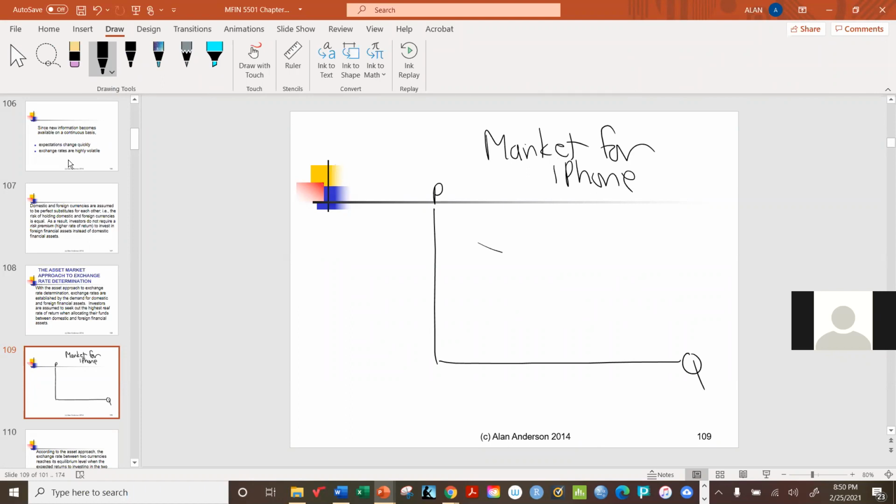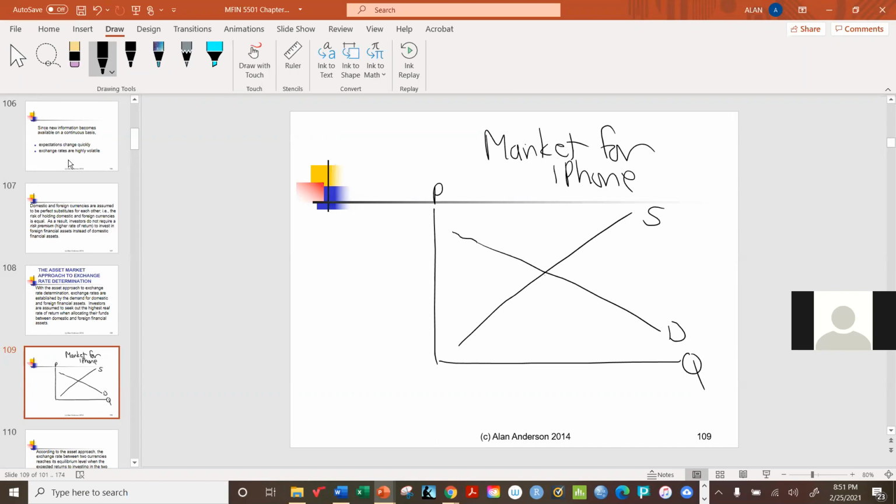So we have a demand curve, which is downward sloping, which indicates that as the price of this product falls, people will be willing to buy progressively larger quantities of it. The supply curve comes from the producer, and the upward sloping supply curve tells me that as the price goes up, the producers of this product are willing to sell progressively more units.